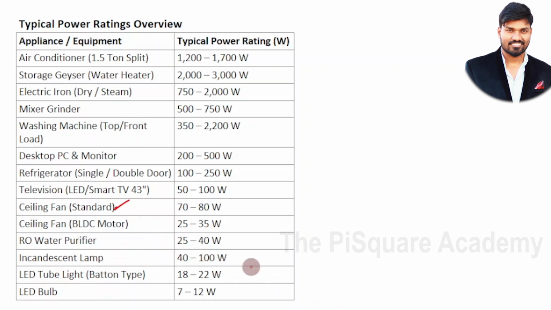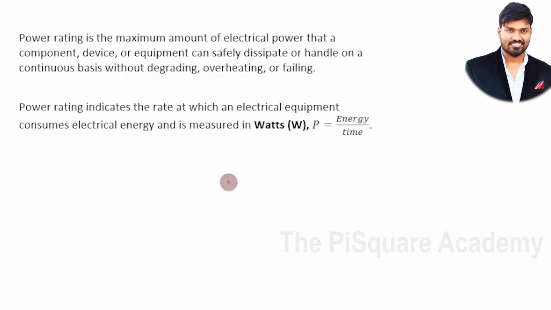First things first, what is this power rating in the first place, and what is it signifying? Let us try to understand. This is very simple, but very important. The power rating is the maximum amount of electrical power which that component, device or equipment can safely handle on a continuous basis.